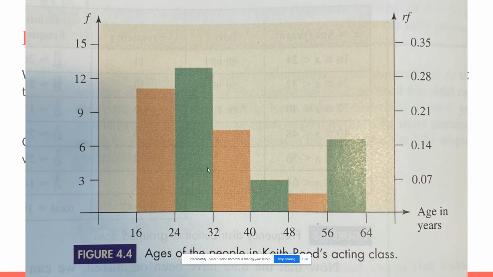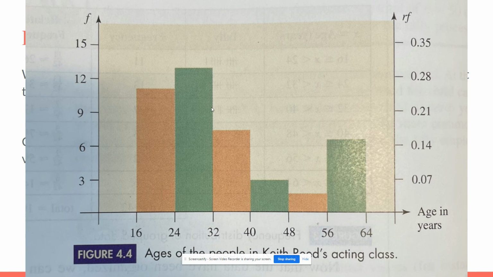So for example, this would be the ages of that acting class. So you can see right here, we had 11 people, ages 16 to 24. So first of all, the x-axis are all of those labels. We're counting by eights. So 16 to 24, 24 to 32, 32 to 40, right? So on and so forth. We had 11 that we counted in this group, so that goes to about 11 here.